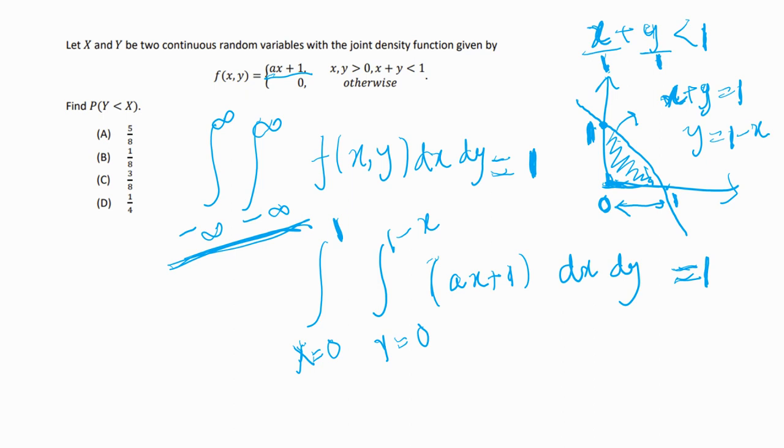Now similarly, if you want to do the integration firstly for x and then for y, we can take y from 0 to 1, and x will be from 0 to the above portion, which will be 1 minus y.